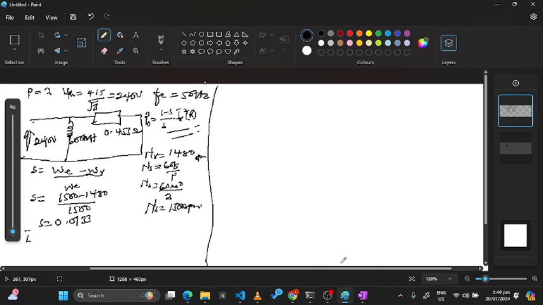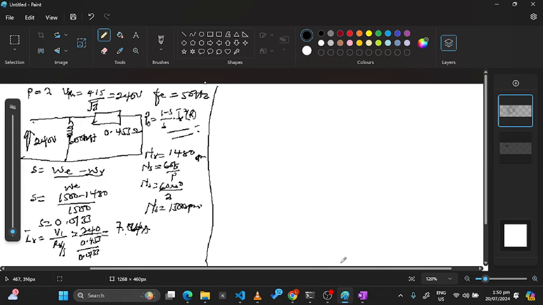So the rotor current is given as V1 divided by RR on S. So this will give me 240 divided by 0.453 divided by 0.0133. So IR will give me 7.046 amps. Okay, you can check it out.